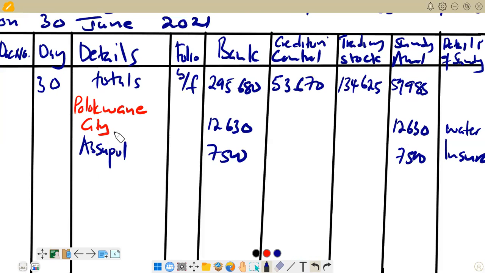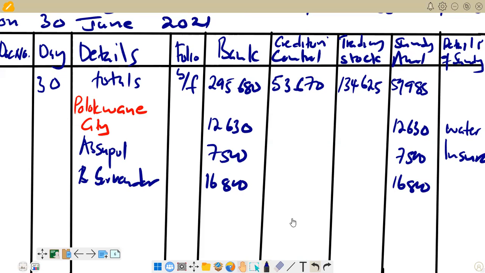Right, here we are saying this is still our cash payments journal. For details, we are saying Big Govenda, and then the amount is 16,800. It's not affecting creditors control, because this is a check from a debtor. It's also not affecting trading stock, so it's going under sundry, 16,800.